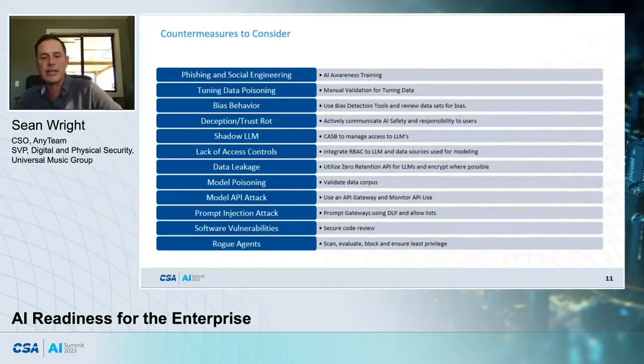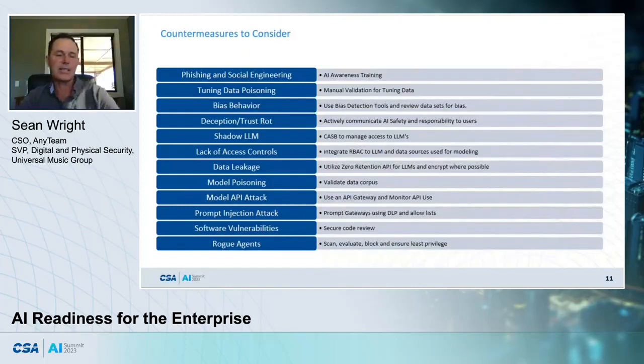Prompt injection attacks. This is using a prompt gateway, using DLP or an allow list, or having some sort of a DLP in place that can monitor what's going into your various prompts at ingestion, so you can get visibility into what exactly is occurring.